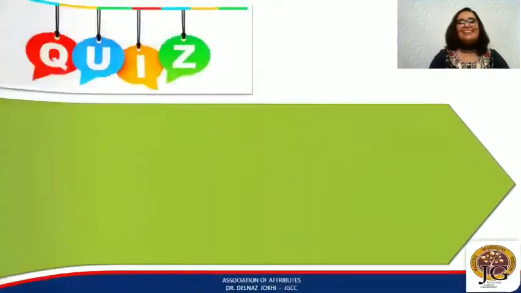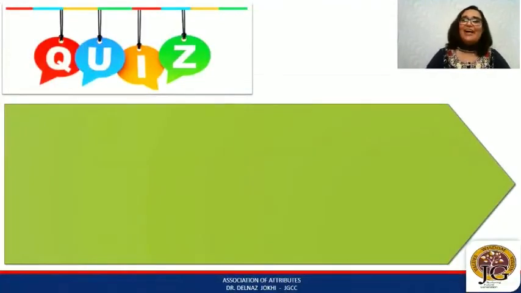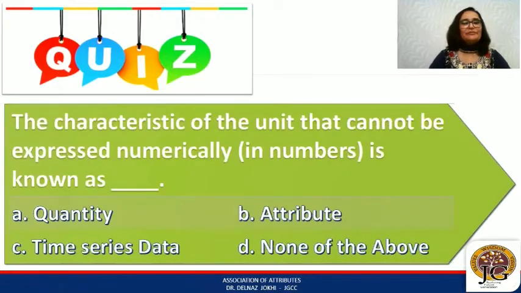Congratulations. Now, if you are studying with Delnaz ma'am and we don't ask a quiz, how is that possible? So be ready with a quiz. The question is, the characteristics of the unit that cannot be expressed numerically, that is in numbers, is known as, an MCQ type question. I read it again for you.